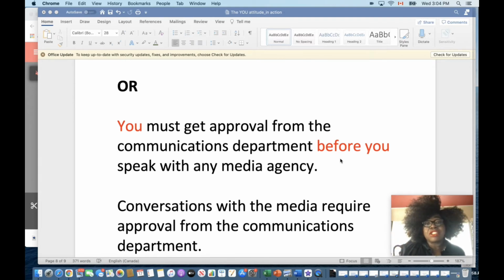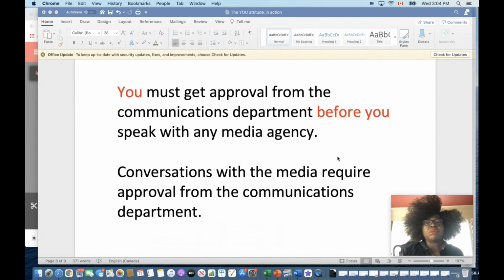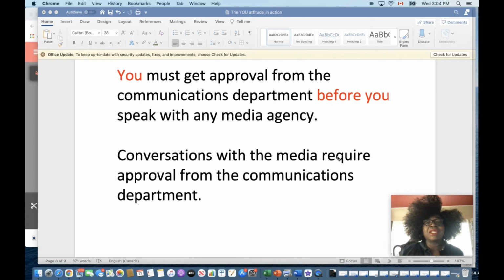So rather than saying something like, you must get approval from the communications department before you speak with any media agency, it would be better if you were to say something like, conversations with the media require approval from the communications department. So you're talking about the entire group rather than the person. Once again, it's just a strategy for using the you attitude.